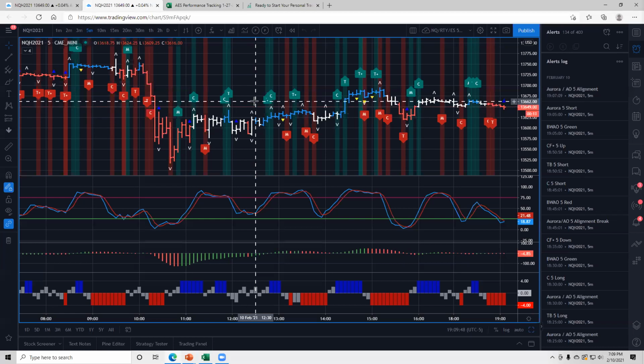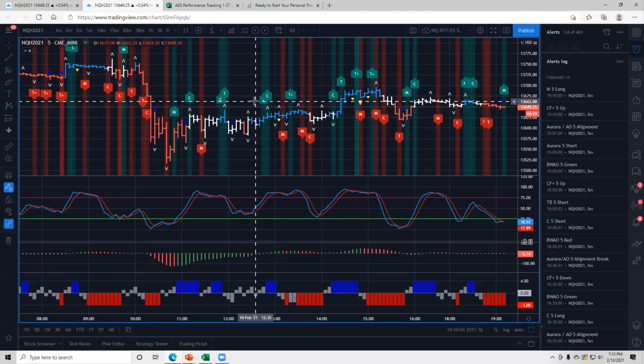Now, the adaptive entry system is very adaptable, as the name implies, and you can use it for trading options on stocks. I've periodically profiled Amazon and Google and Tesla using the adaptive entry system. You can use it on 10-minute and 30-minute charts; 10 and 30 are my preferences when trading options.